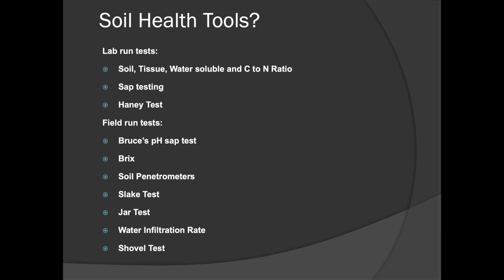Basically that gives you, and then we have a pH chart that gives you a range of whether or not you're above 6.4, which is what he considered ideal pH.